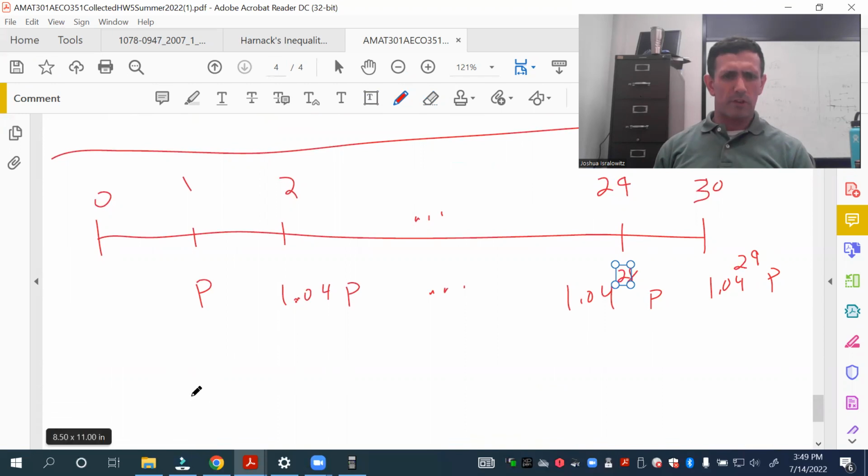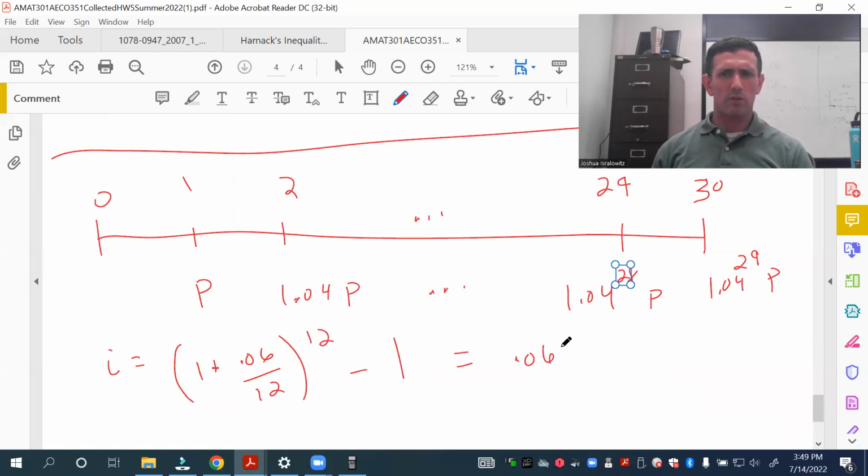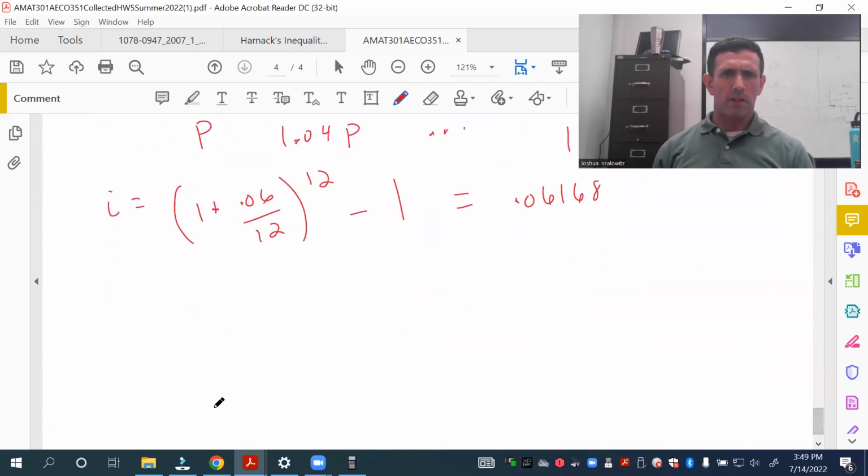All right, so remember for this kind of annuity, first of all, we have to get the equivalent effective annual interest rate. Remember the formula, it's 1 plus I12 over 12, I12 is 0.06, to the 12th minus 1. That's 0.06168. So the accumulated value is P times 1.06168 to the 30, just plug and chug.